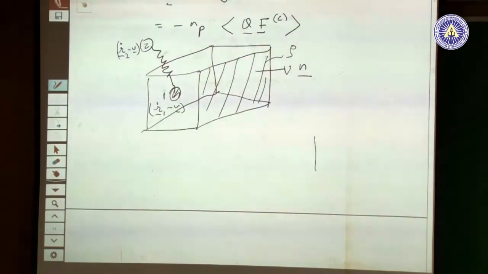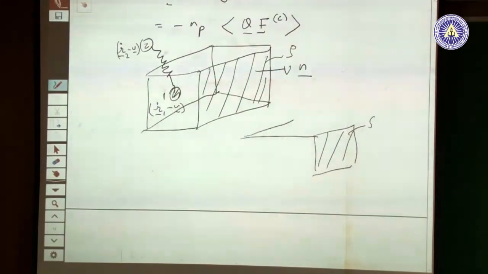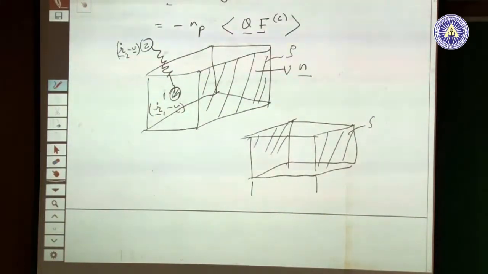So, let us imagine that you have this surface, and let us go backwards from this surface for a distance whose magnitude is r1 dot minus v dot n, just for argument's sake. That is the projection of the velocity in the normal direction, and we have gone back from this surface, right.